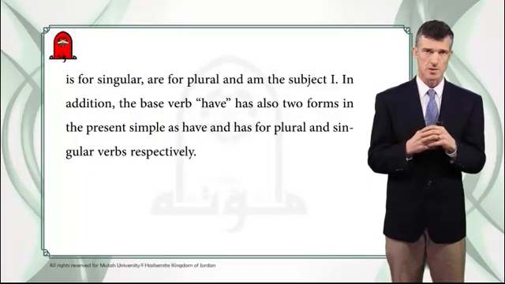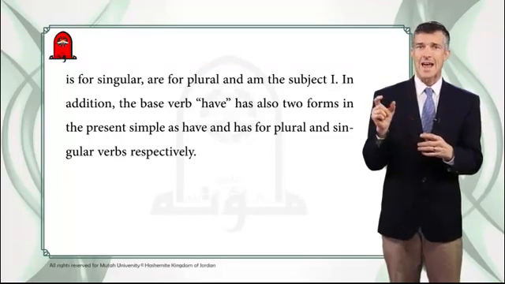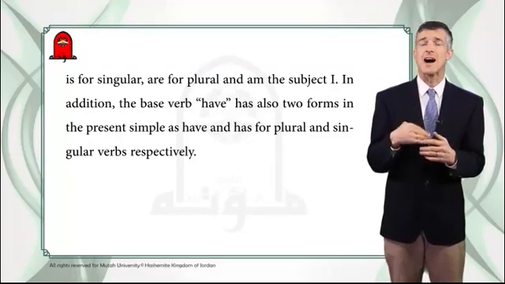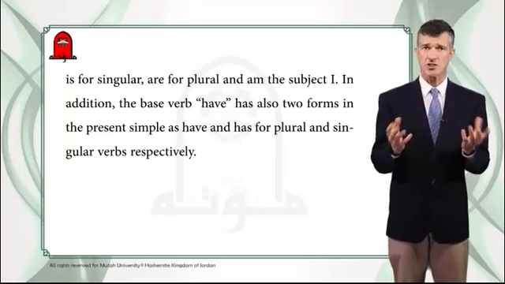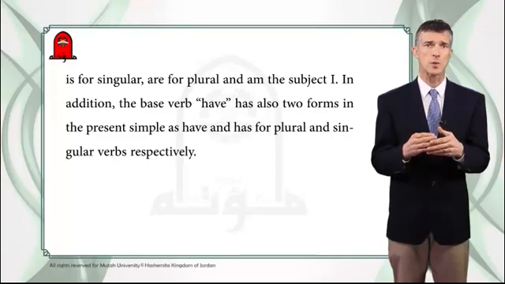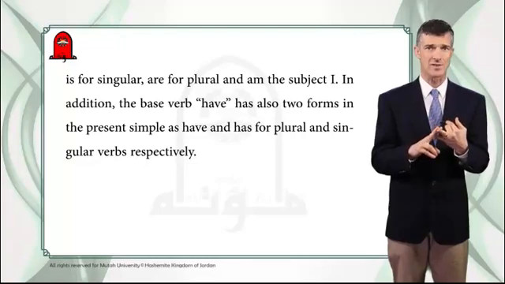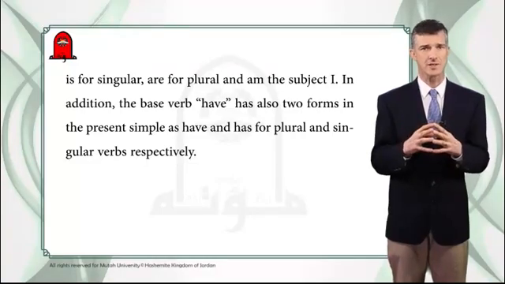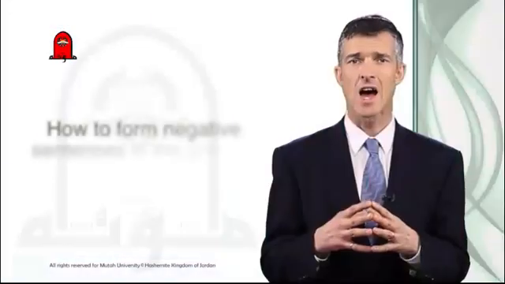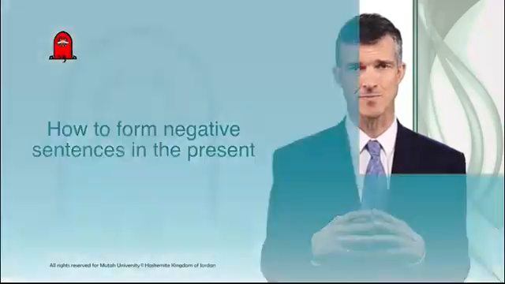Is for singular, are for plural, and am for the subject I. In addition, the base verb have has also 2 forms in the present simple as have and has for plural and singular subjects respectively.